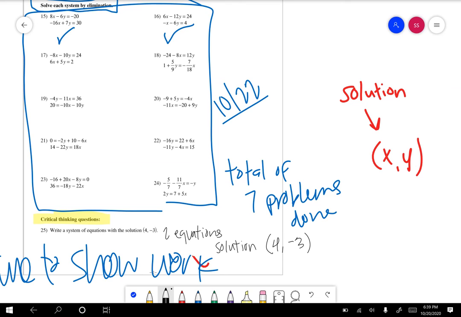So that means that the number 4 for x and the number -3 for y, those 2 numbers, when substituted into both equations, will be true.